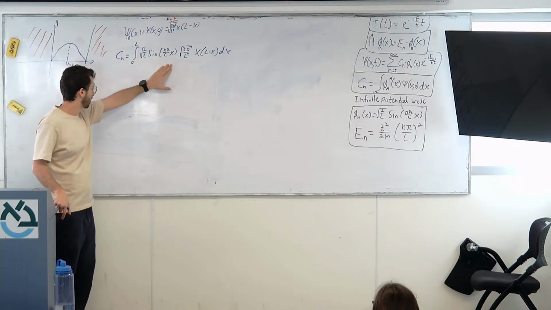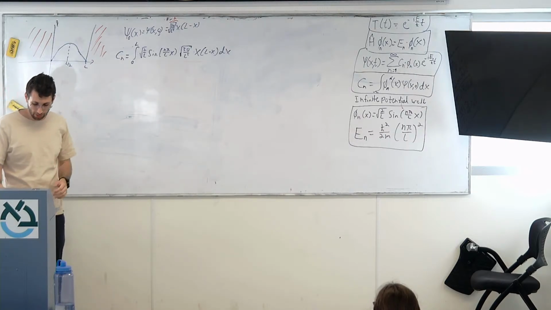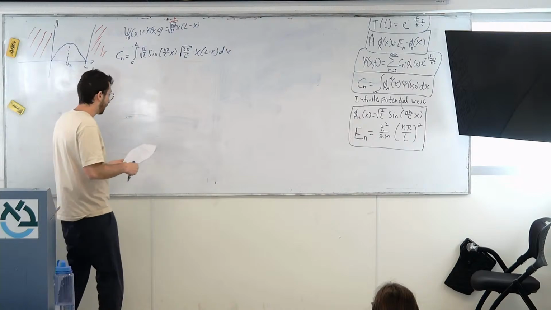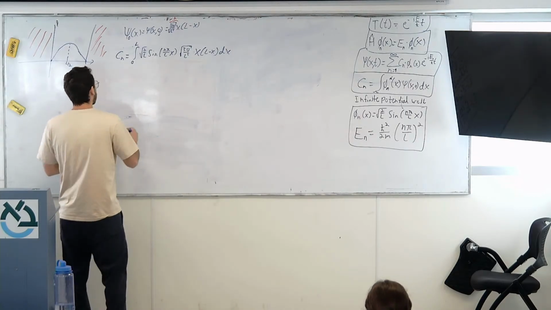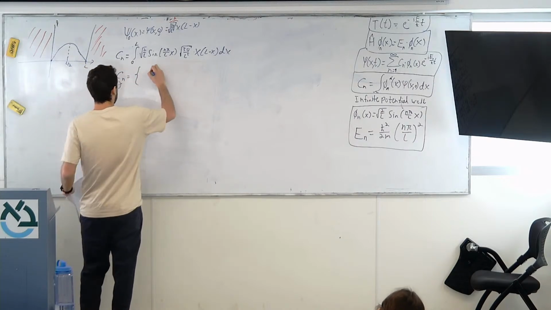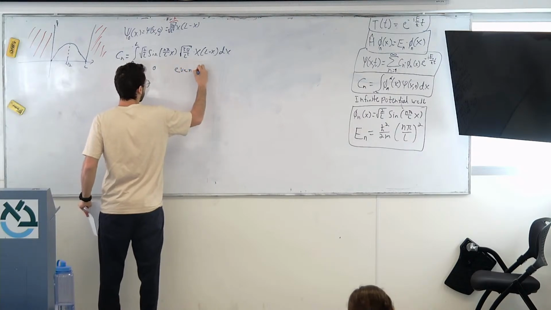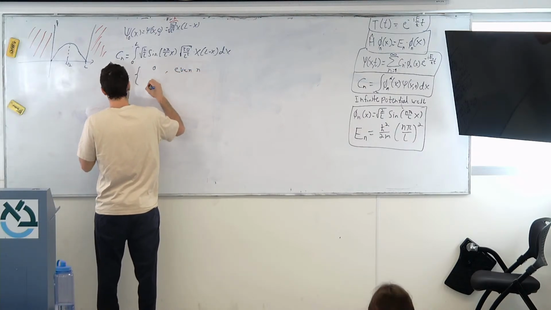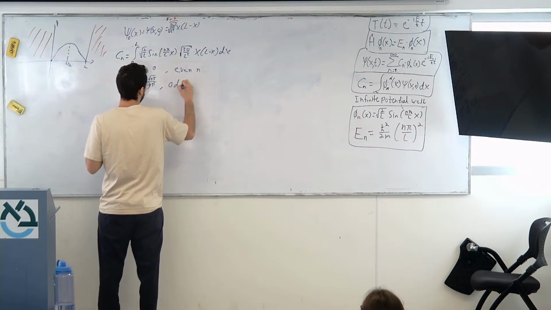But I don't want to lose your attention and I want to emphasize other stuff. If we solve this integral, which you will do in your homework, you will get Cn equals 0 for even values of n, and A times the square root of 15 over (n pi) cubed for odd values of n.